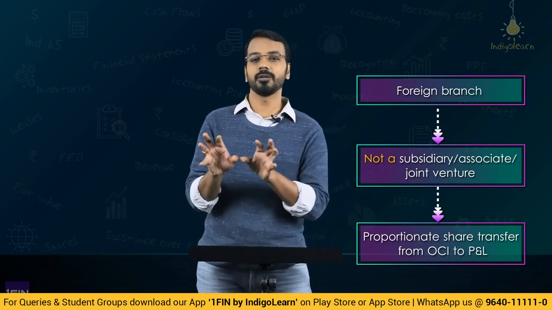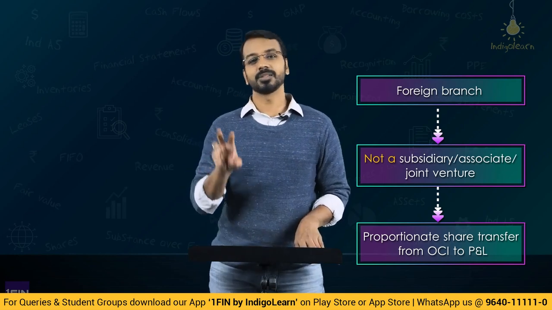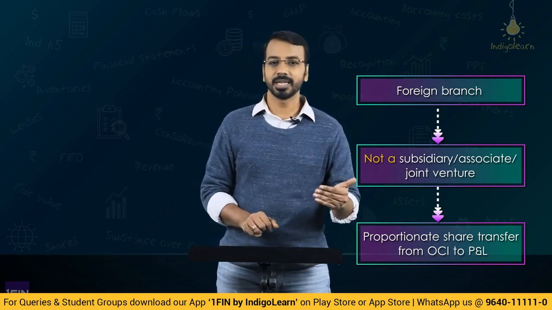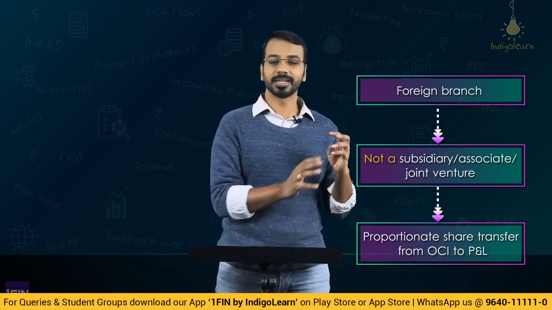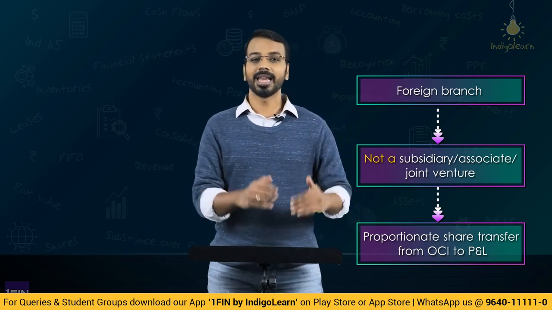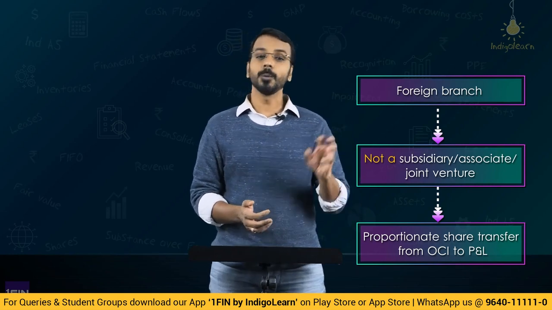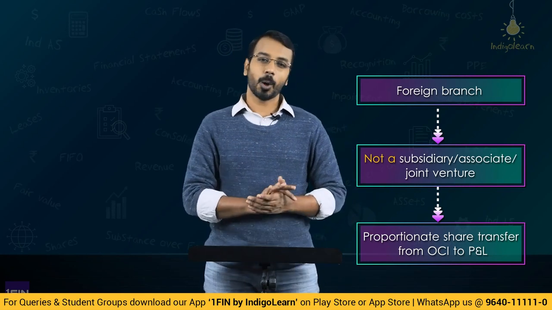Okay, so whenever you sell off a foreign operation partially and that is not a subsidiary, this is the treatment. So, what if it is a subsidiary? If it is a subsidiary, then you have to transfer from OCI to non-controlling interest if you have not lost the control, and if you have lost the control, from OCI to P&L, right? So, that is the difference in treatment there versus a normal foreign operation.